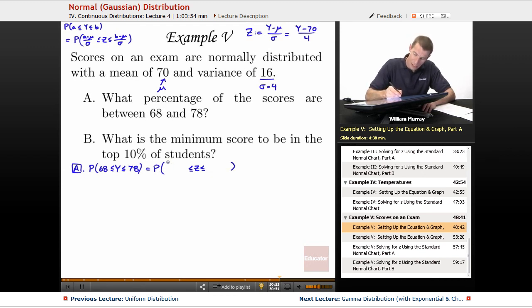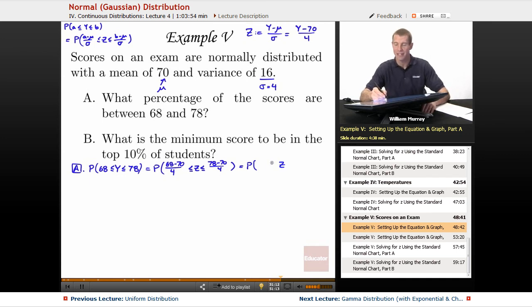So I get 68 minus, what was my mean, 70, over my standard deviation, which was 4, and 78 minus 70 over 4, which is the probability that z is between 68 minus 70 is negative 2. Negative 2 over 4 is negative 0.5. And 78 minus 70 is 8 over 4 is 2.